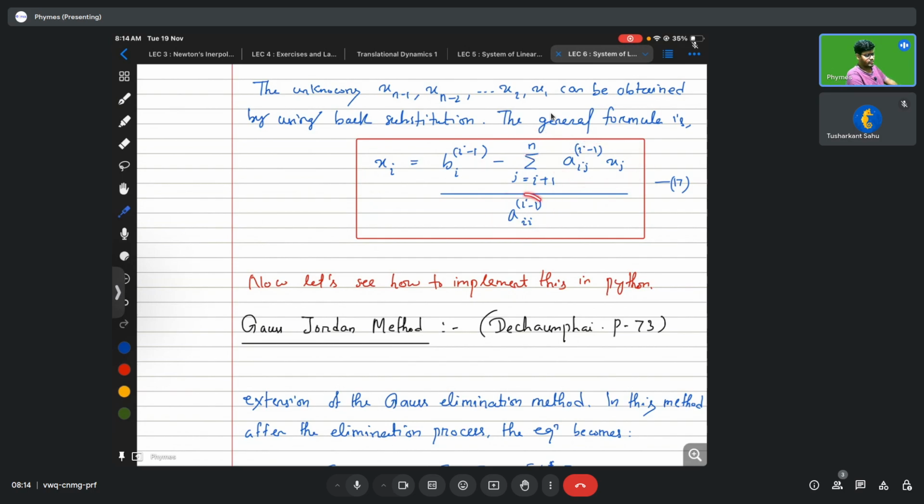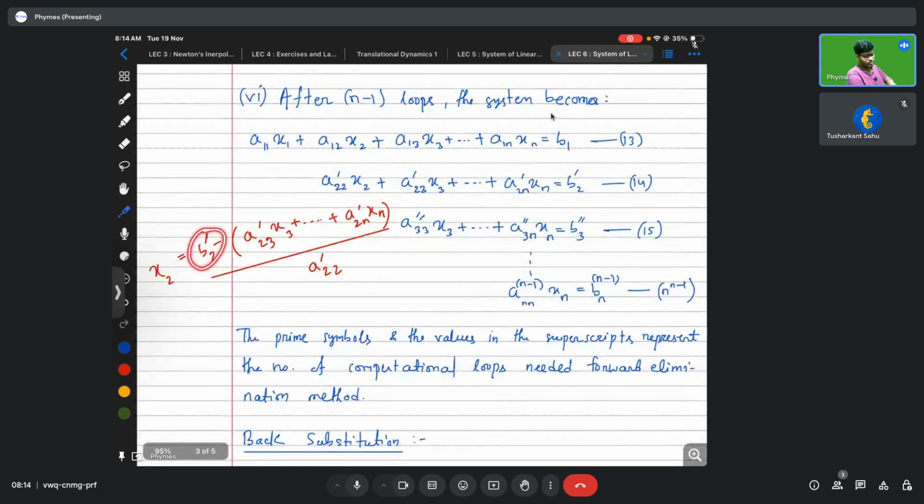This aii is the coefficient of xi and bi is this term here, that is x2 equals to b2 divided by this coefficient of x2, and here you can see that the summation is going from 3 to n, right?